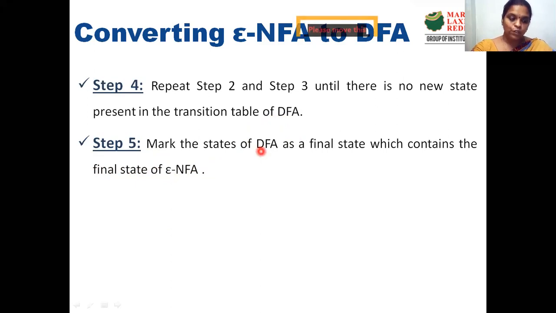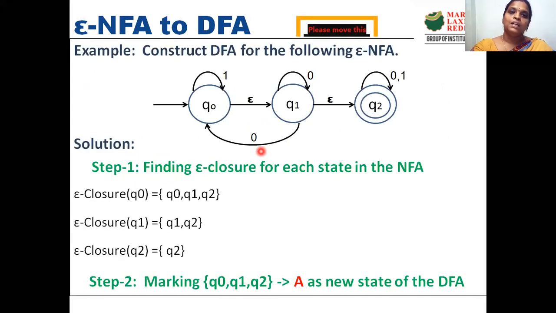Now, let us have a look at the example. In this epsilon NFA, there are two epsilon paths, from Q0 to Q1 and Q1 to Q2. Now we'll find the epsilon closure of all these 3 states. The epsilon closure of Q0 is Q0 to Q1 and from Q1 to Q2, so we label it Q0, Q1, Q2.